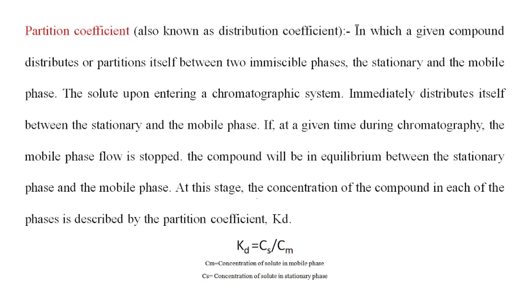At this stage, the concentration of the compound in each of the phases is described by the partition coefficient Kd. So Kd, the distribution coefficient or partition coefficient, equals Cs by Cm, where Cm is the concentration of solute in the mobile phase and Cs is the concentration of solute in the stationary phase.